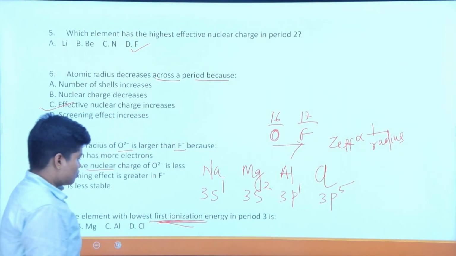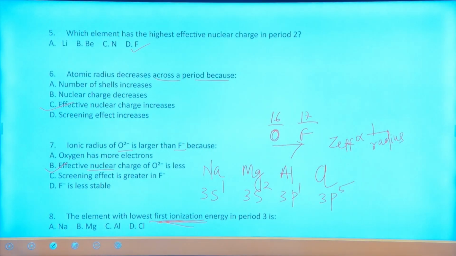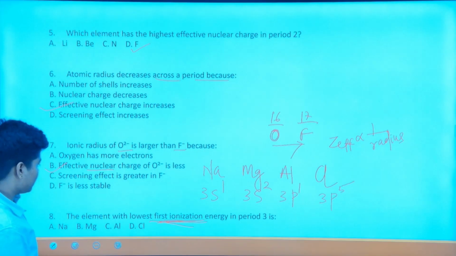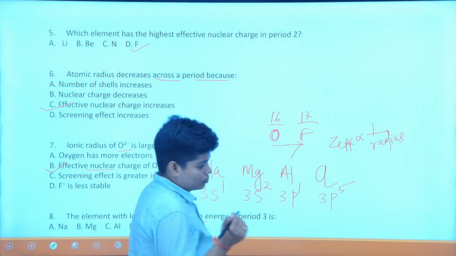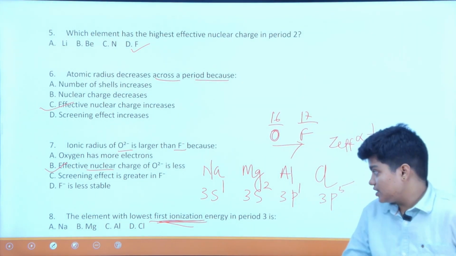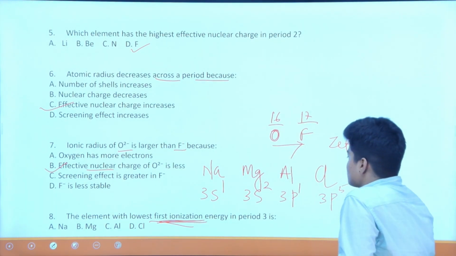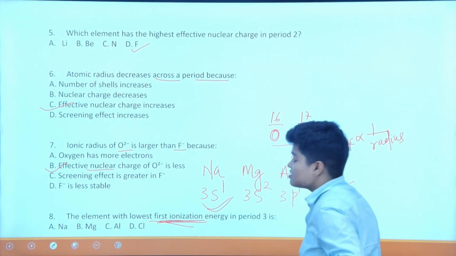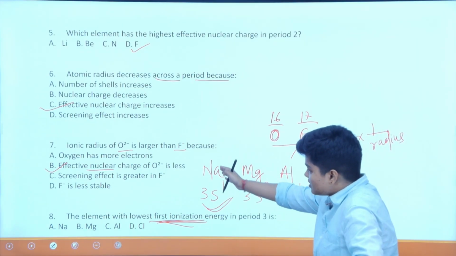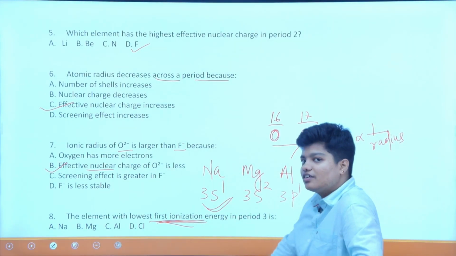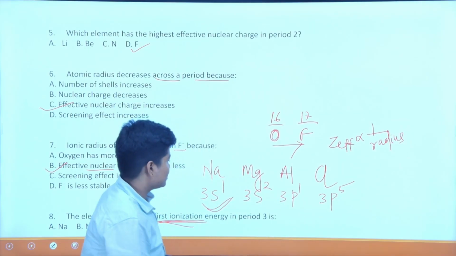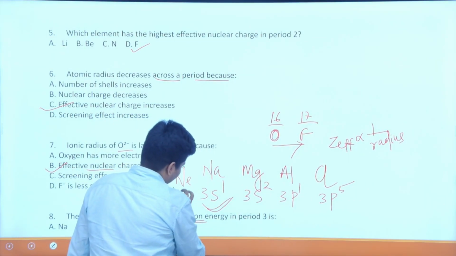So we have 3s1, 3s2, 3p1, 3p5. The lowest first ionization energy will be where it is easiest to remove the outermost electron. That will be sodium, because if it releases the outermost electron from the 3s orbital, it acquires the inert gas configuration, that is neon.